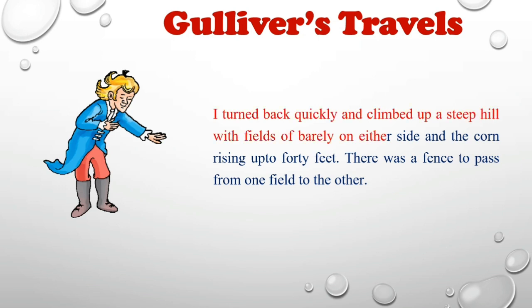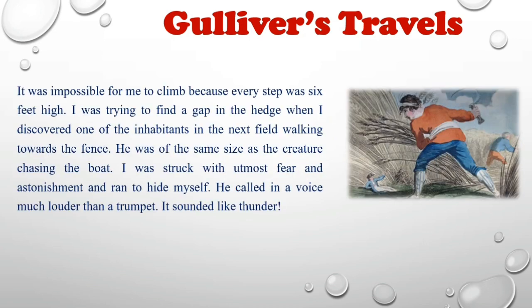I turned back quickly and climbed up a steep hill with fields of barley on either side and the corn rising up to 40 feet. There was a fence to pass from one field to the other. It was impossible for me to climb because every step was 6 feet high.